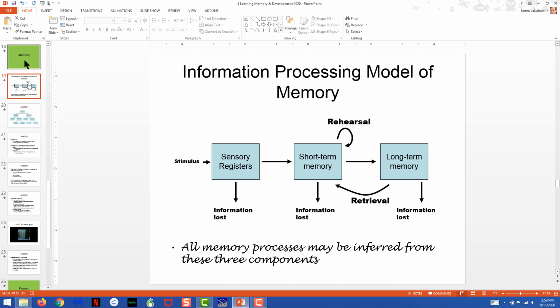So for example, you have a conversation today with somebody, and that conversation takes place over the course of 10 minutes, and it's very important. And because you're essentially engaging in rehearsal, because you're talking about the material over and over and over again between you and the other person, bouncing ideas back and forth, you retain the information in short-term memory for a long enough period of time that it makes it into long-term memory.